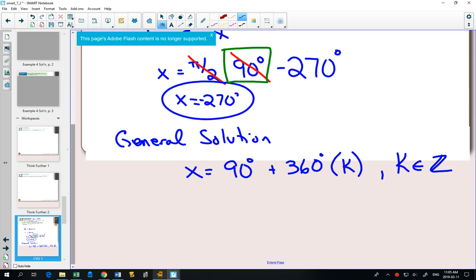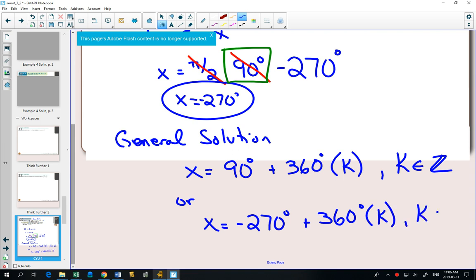Now you might see in the textbook on a question like this, they might have this answer. Can you see why this is the same? It's just another coterminal angle, right? In fact, what this angle is could be any coterminal angle, right?